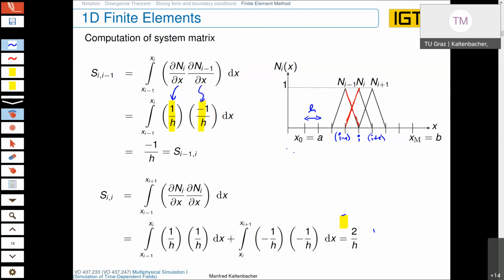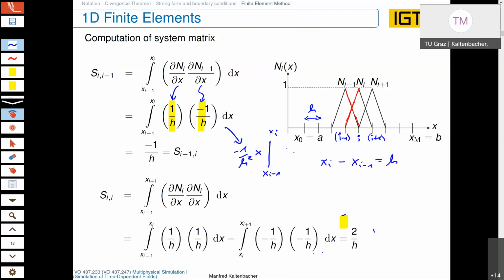If you integrate this accordingly, then at the end, because the difference x_i minus x_{i-1} is h, the integral would be minus 1 over h squared times x evaluated from x_{i-1} to x_i, and that difference is h.